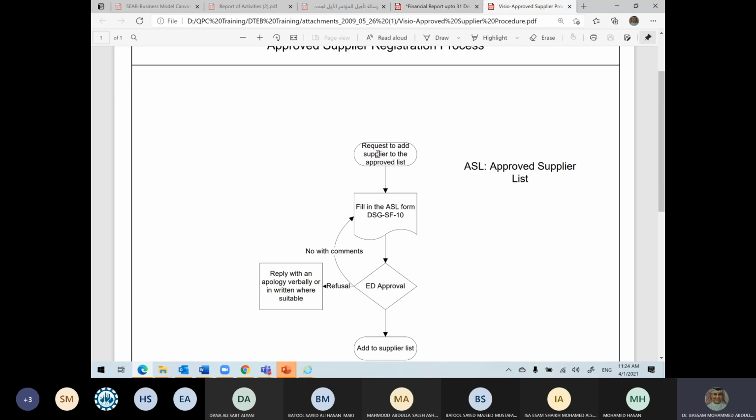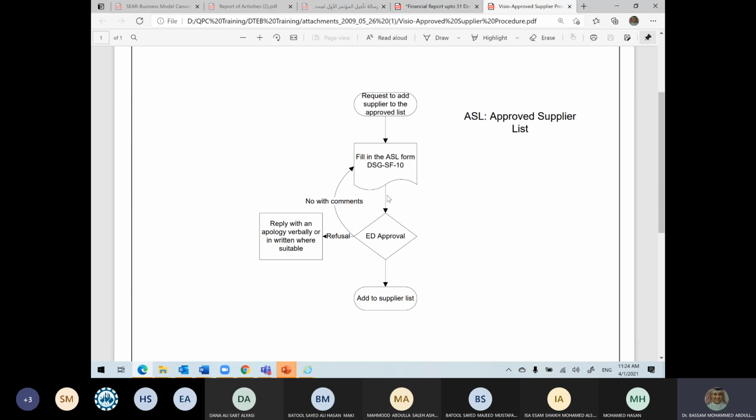Is that supplier satisfactory based on my criteria or not? So I want to request to add the supplier to the approved supplier list. I'm going to fill in the ASL approved supplier list form, and this is the number of the form. And you can see the forms are different, huh? They have a different shape. This is the shape of a form.